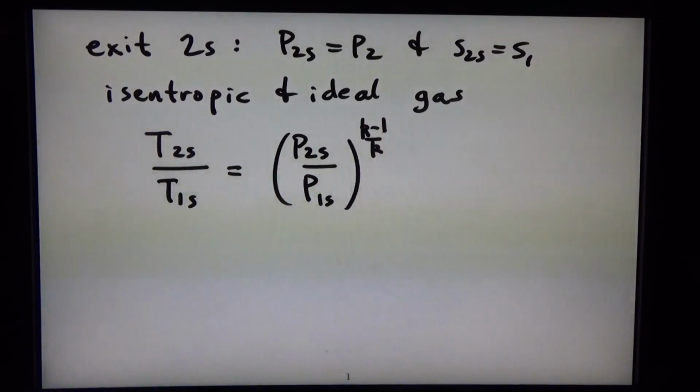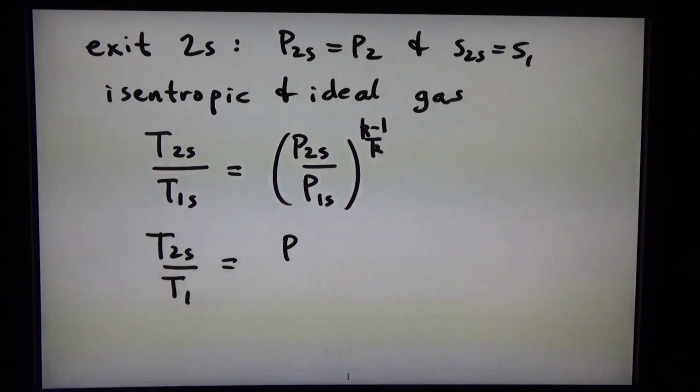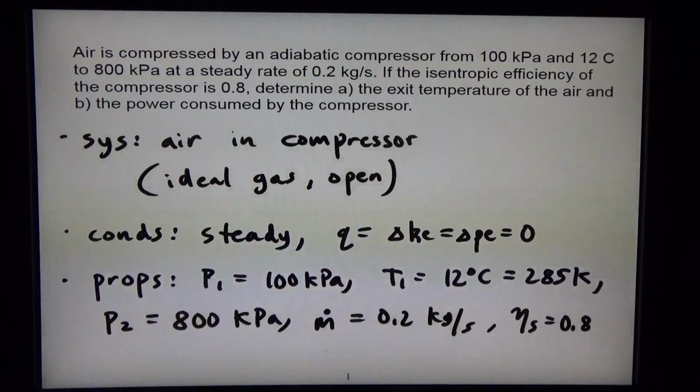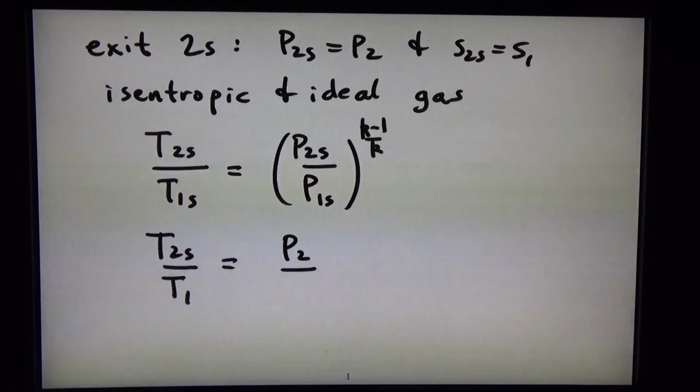So T2S is what we're looking for. T1S is the same as T1. P2S is the same as P2. P1S, since state 1S is the same as 1, is the same as P1. So P1 was 100 kilopascal.